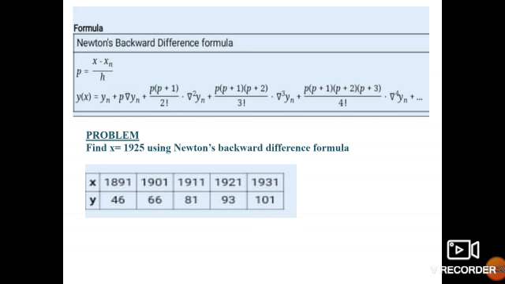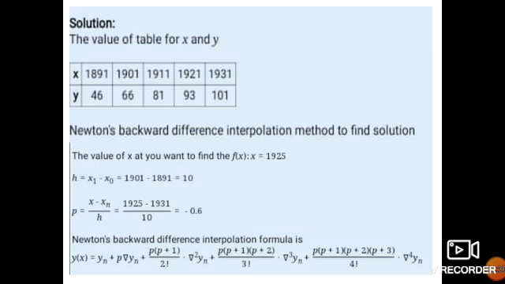Okay, now I'm going to solve the problem. See, these are the given x values: 1891, 1901, 1911, 1921 and 1931. The common difference is nothing but h. So the common difference of the x values is 10. The difference between the first and second value is 10, second and third is 10, third and fourth is 10, so the value of h is 10.